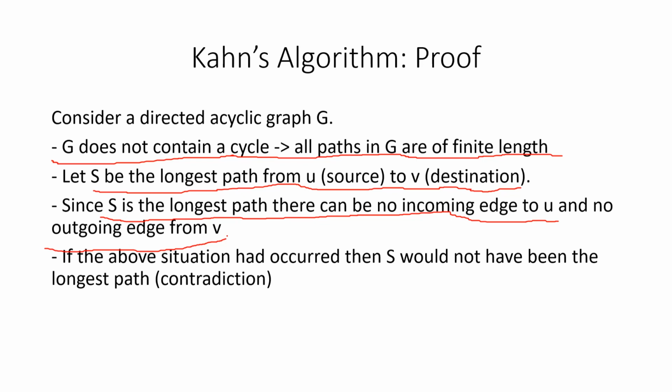And if there is an outgoing edge from V, it means S is not the longest path because V has a next continuing vertex. So if the above situation had occurred, then S wouldn't have been the longest path. So this is a contradiction.